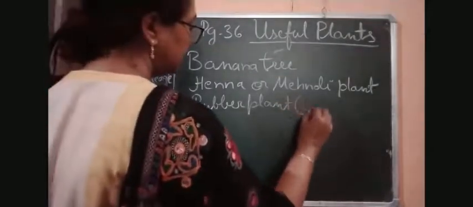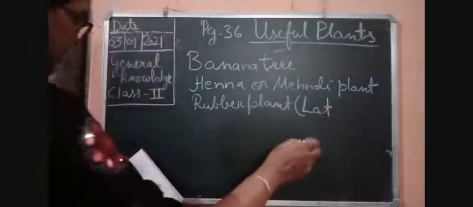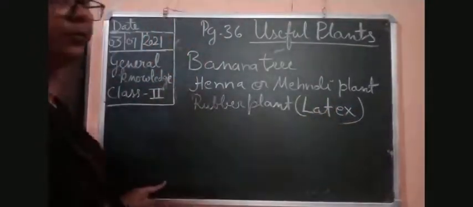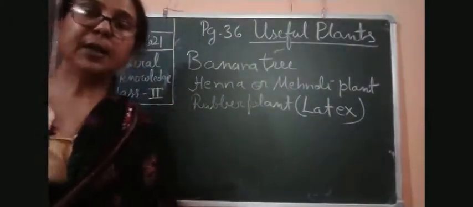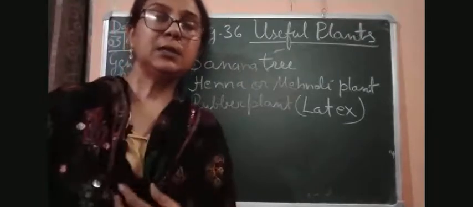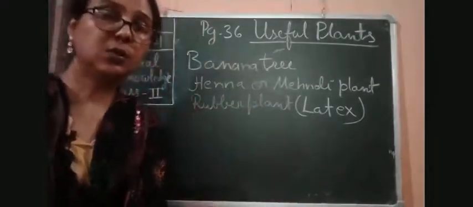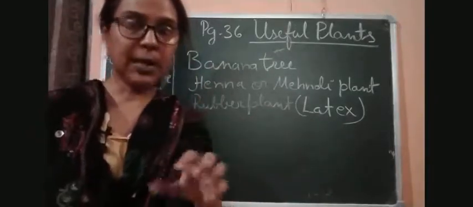And the main thing we will discuss in today's class is latex. Latex is a kind of fluid which you can find in many plants, but in rubber plants you can find it in large amounts. That is called latex.